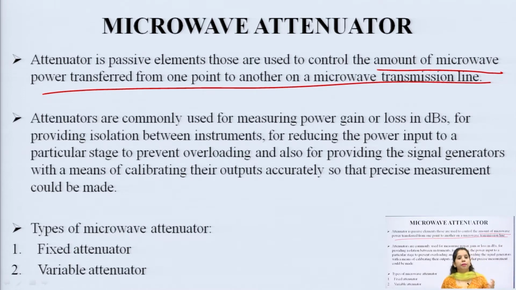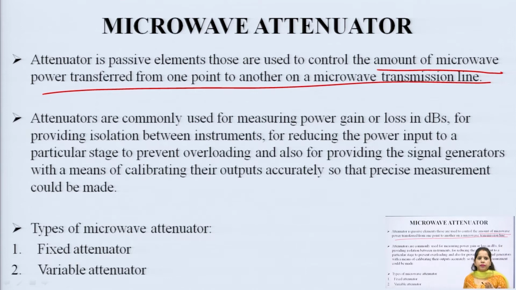In every microwave system, in our lab also we can see that whenever there is a microwave source, from the klystron, after that we have an attenuator to reduce the power to a particular level. This is a rotating structure which we use in our lab. We can rotate that for getting the exact attenuation which we want.